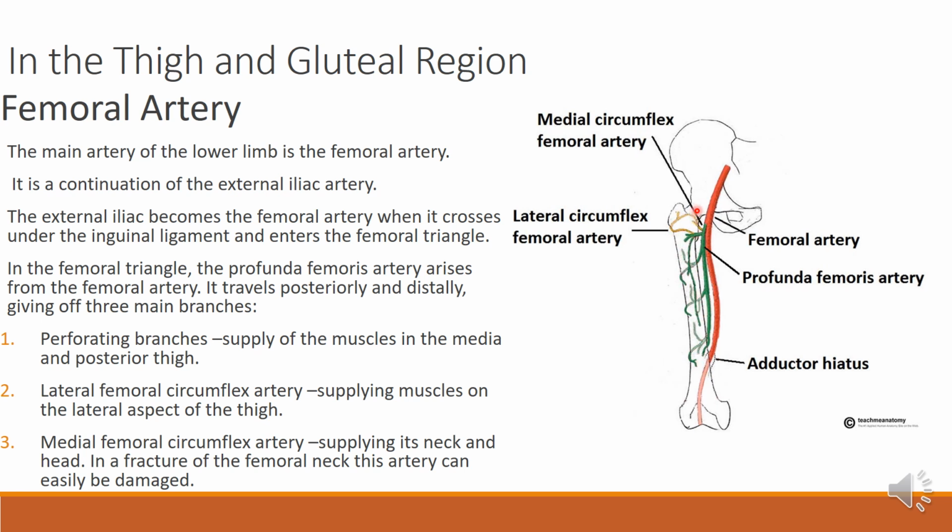The medial circumflex femoral supplies neck and head of the femur. Lateral circumflex femoral supplies lateral part of the thigh and the perforating branches supply the medial and posterior part of the thigh. Then here there is an opening called the adductor hiatus. It has anatomical importance.